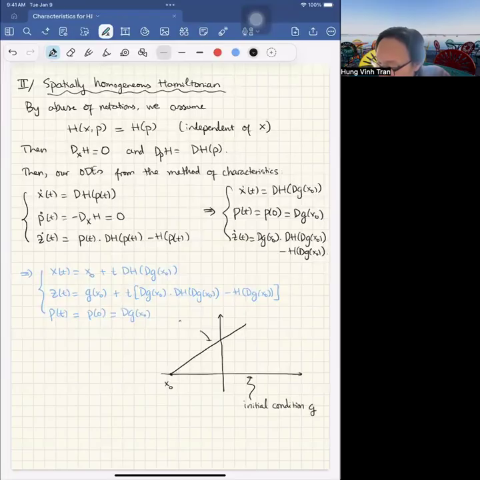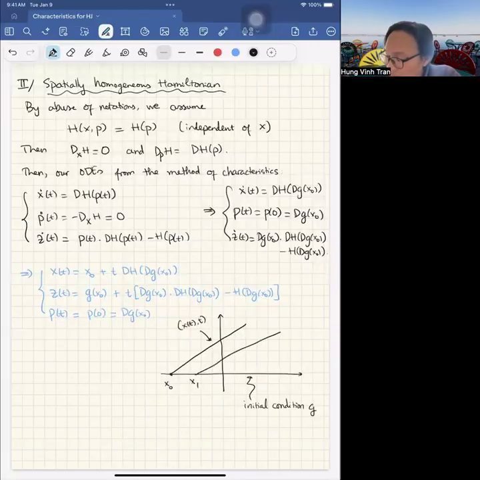So this is x(t), the characteristic, and the value of the unknown is also just changing linearly along the characteristic line, right? In this case, a line.